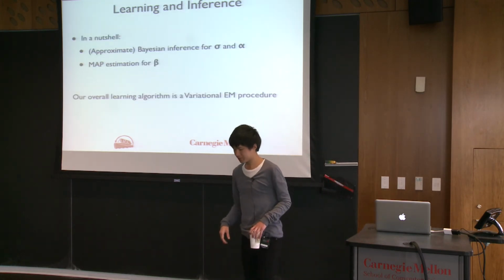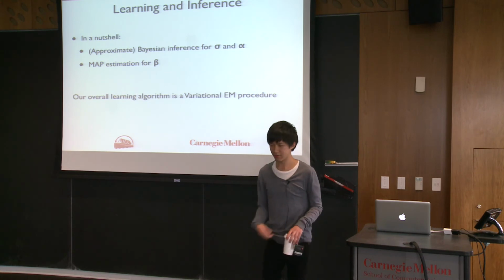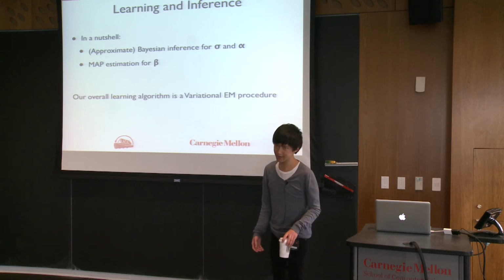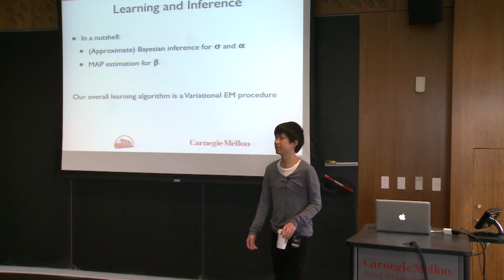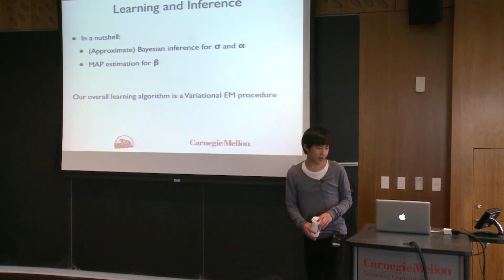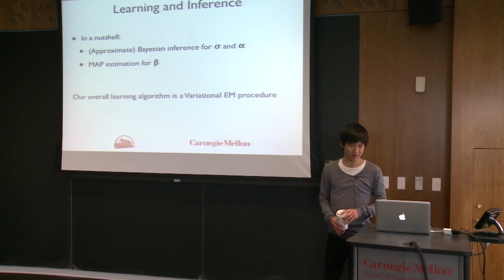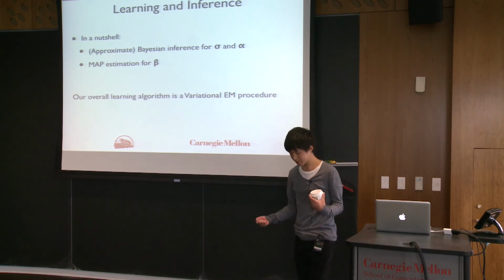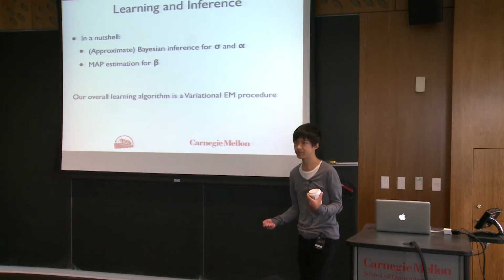That's our model that we would like to have. The next thing we need to do is define the learning and inference procedure under this model. In short, we're going to do variational EM.